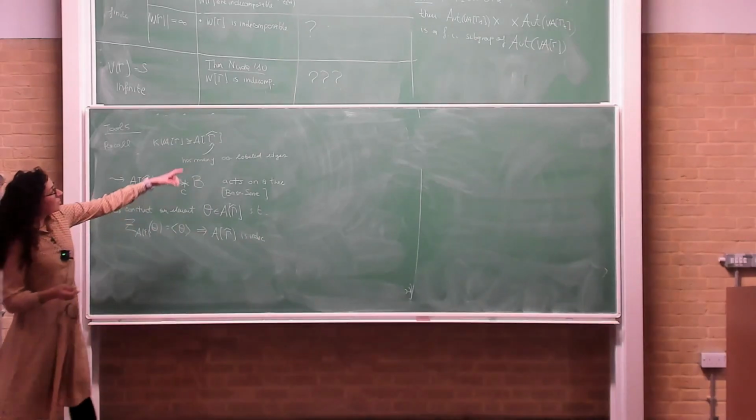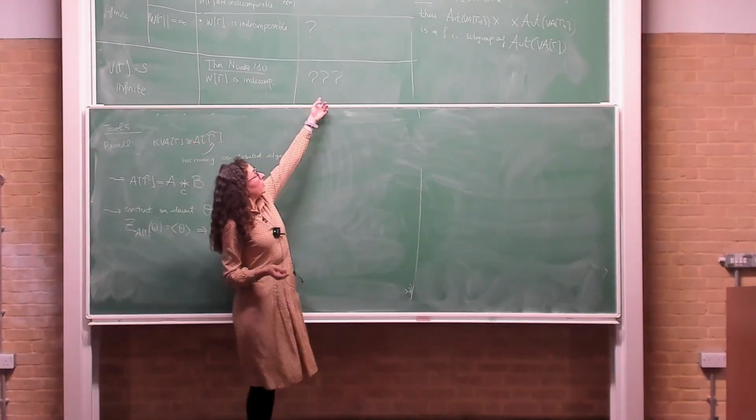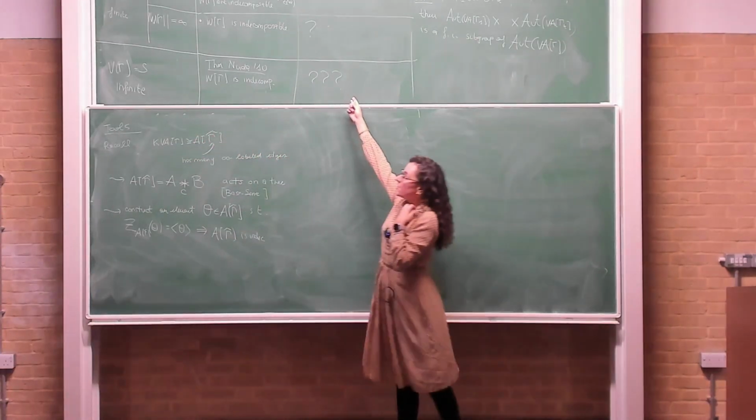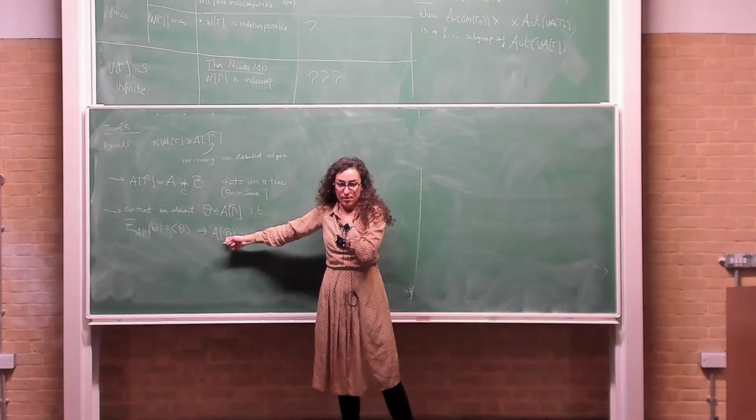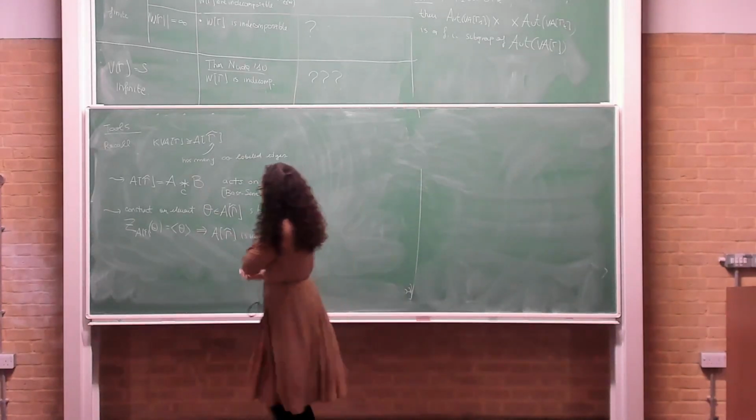So we end up answering this question for infinitely generated Artin groups when the associated Coxeter graph is this Gamma hat here.